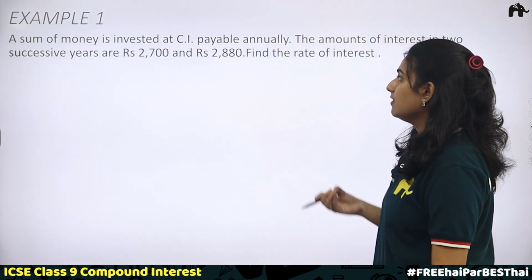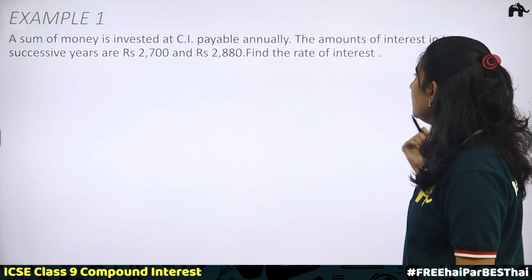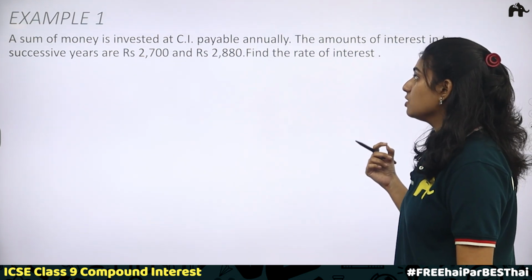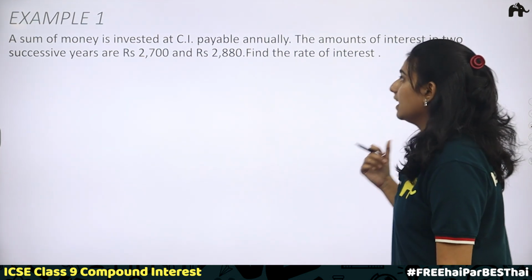A sum of money is invested at compound interest payable annually. The amounts of interest in 2 successive years are rupees 2,700 and rupees 2,880. Find the rate of interest.